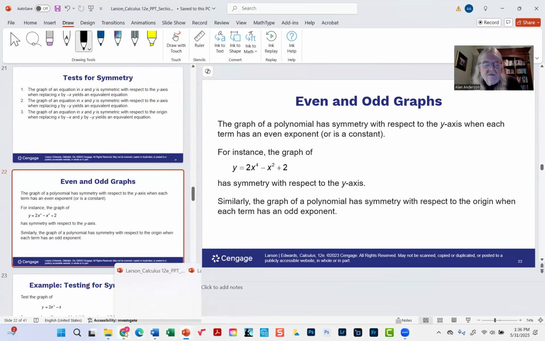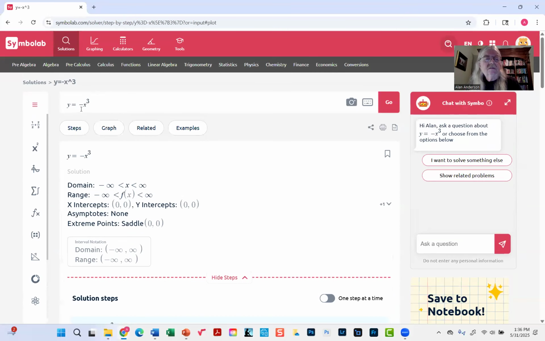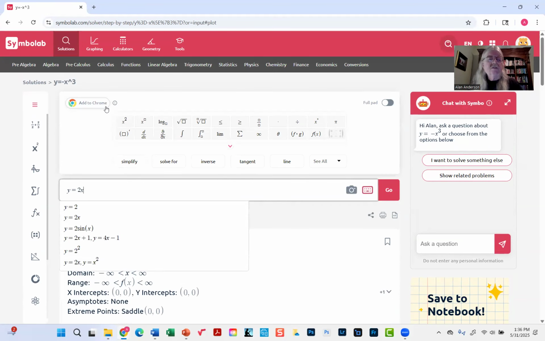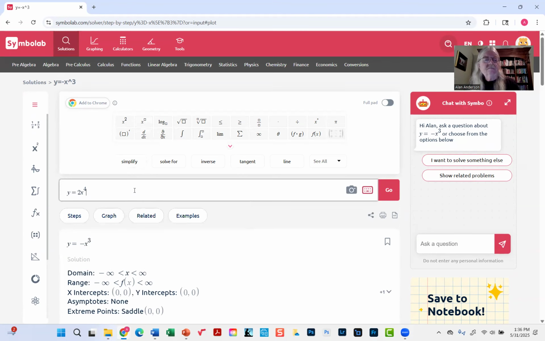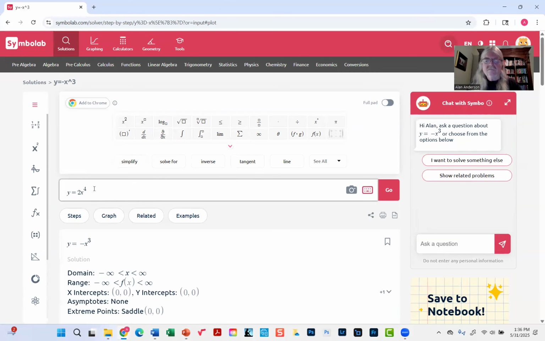Let's see, where is it? Let's try. All right, so is it 2x to the 4 minus x squared plus 2?